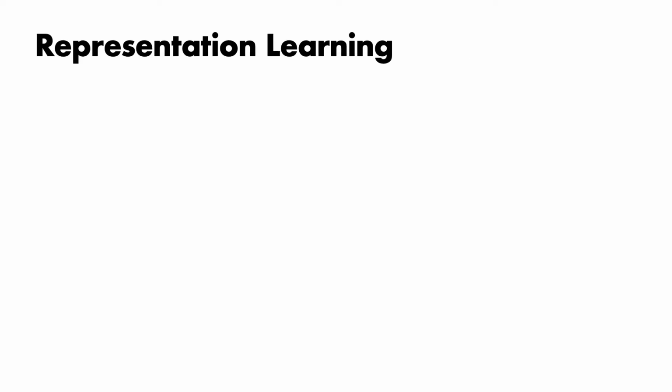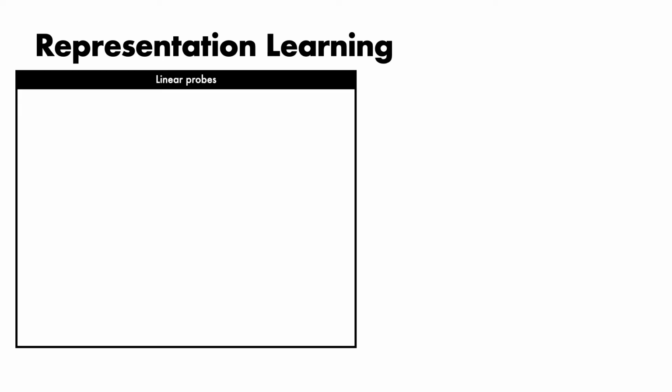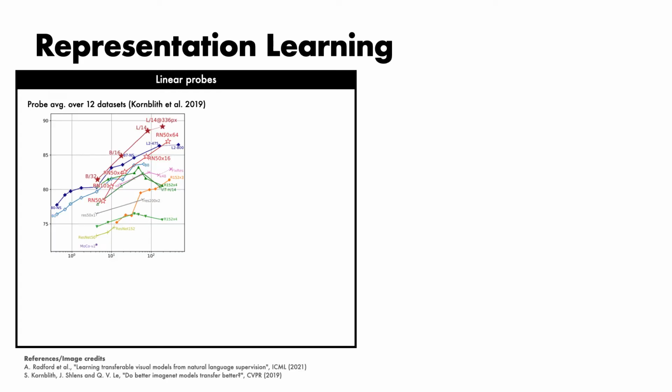The second major group of experiments in this paper evaluates the representations learned by CLIP with linear probes. The authors first compare the average linear probe performance of CLIP on features across the 12 datasets studied by Kornblith et al. The x-axis denotes gigaflops per image for a forward pass, and the y-axis denotes average score.